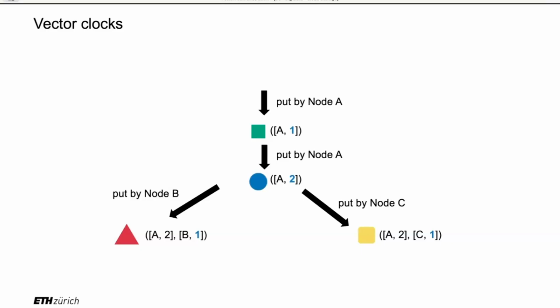And independently of that, maybe on some other part of the network, then C creates another version, a yellow square instead of a red triangle, and has C1. These are the vector clocks. It's a little bit like special relativity, right? It's as if B was on the Earth and C was on Mars, right? So there's kind of a link with special relativity.